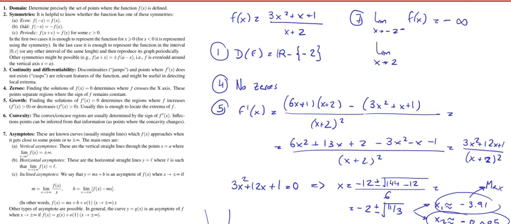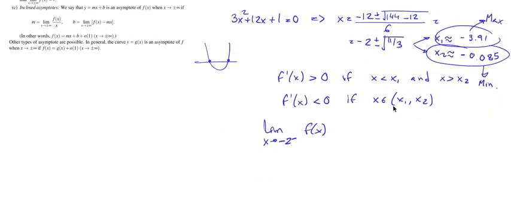The limit when you approach minus 2 on the right, the numerator is positive and the denominator is positive, so this is plus infinity. Now let me go back here and try to plot this thing.